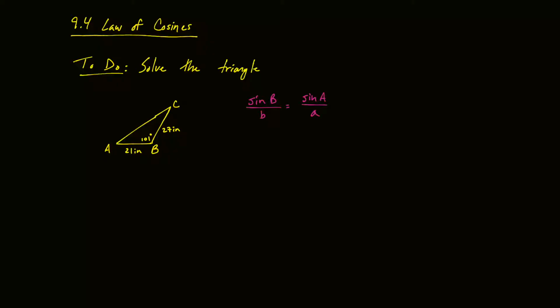So a is given, check, check. Sine of b is given, so check, check. But now we have the problem here: sine of a, which is referring to this angle, is not given, and side b, which is referring to this side, is also not given. So with that all being said, we can't use this method. We have to switch and try to use something else.